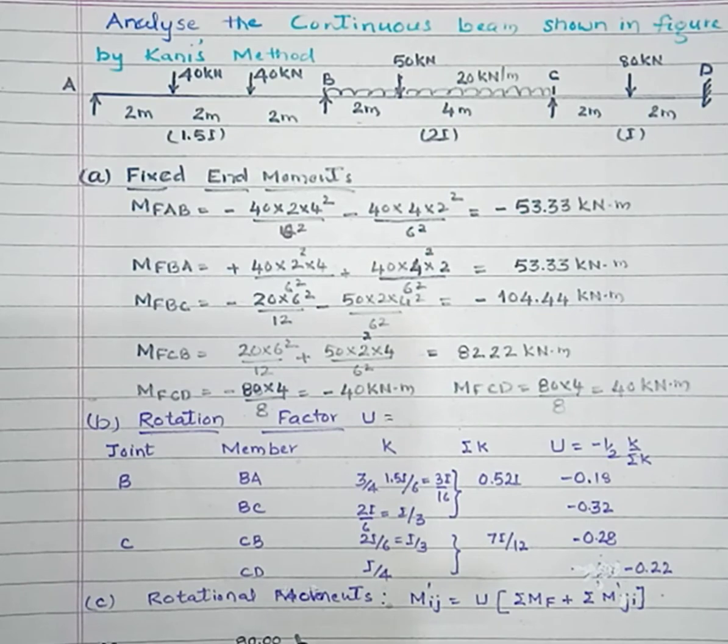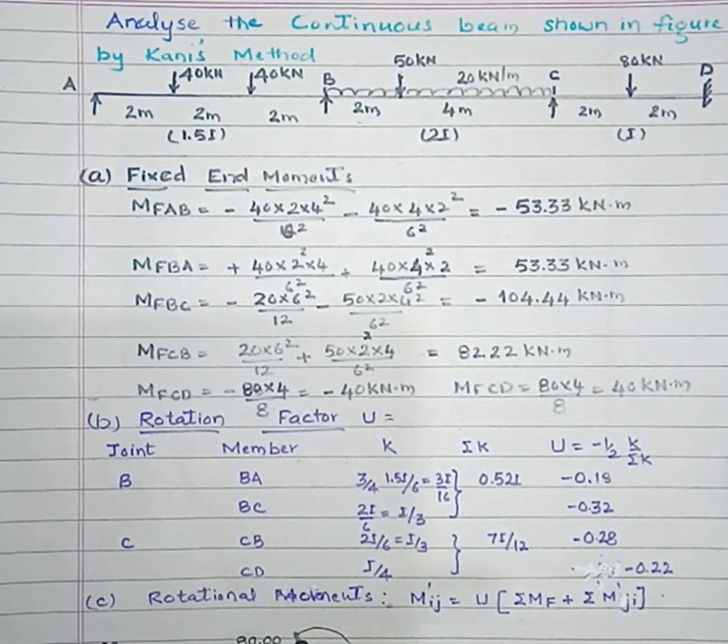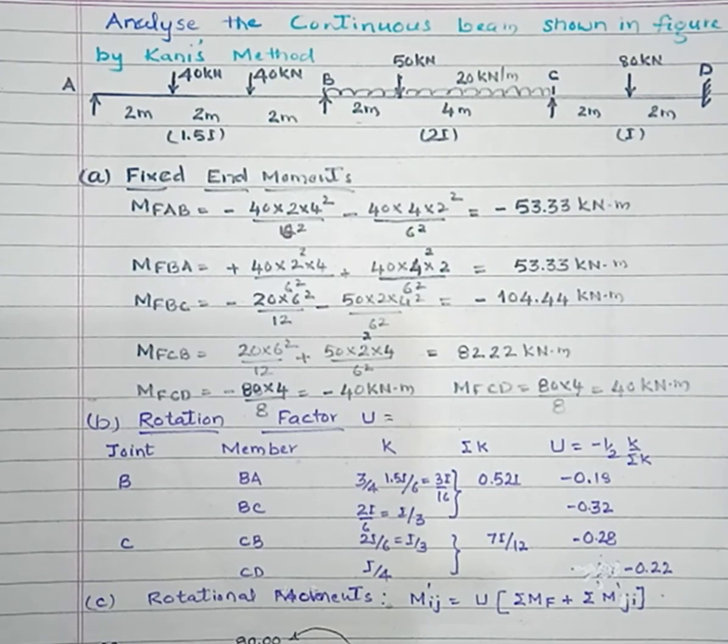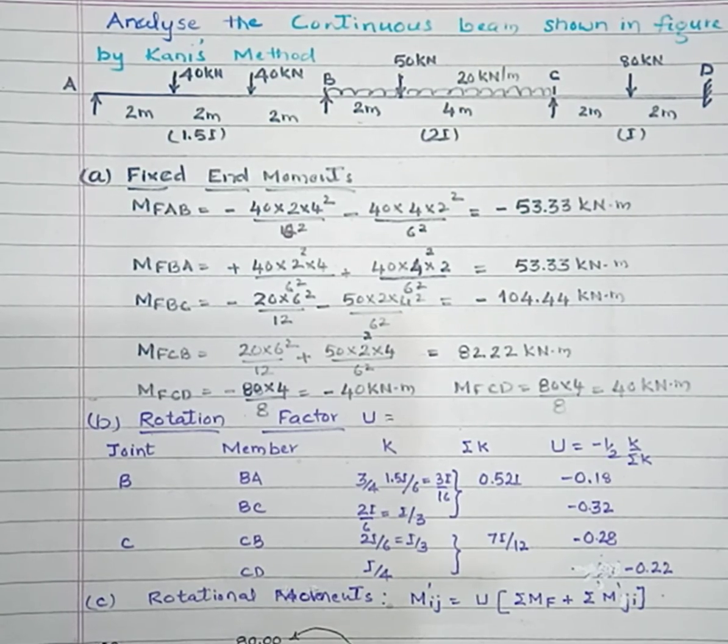Then for CB, that we have calculated, that is minus 104.44. The sum of these two fixed end moments, that is minus 104.44 plus 80, that is minus 24.44, that we have to write inside this inner rectangle.